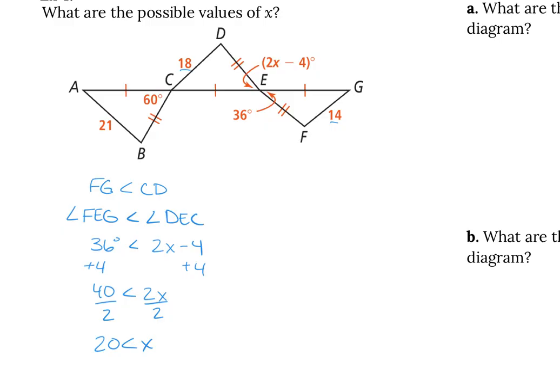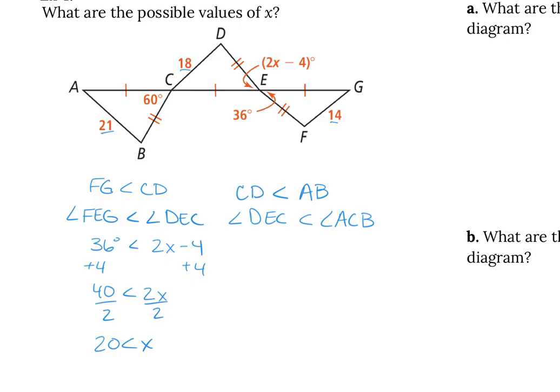Okay, we also know that we have another side that is opposite those two sides that are congruent. So CD is 21, which is less than AB. So then angle DEC would be less than angle ACB. Now I can plug in what I know.